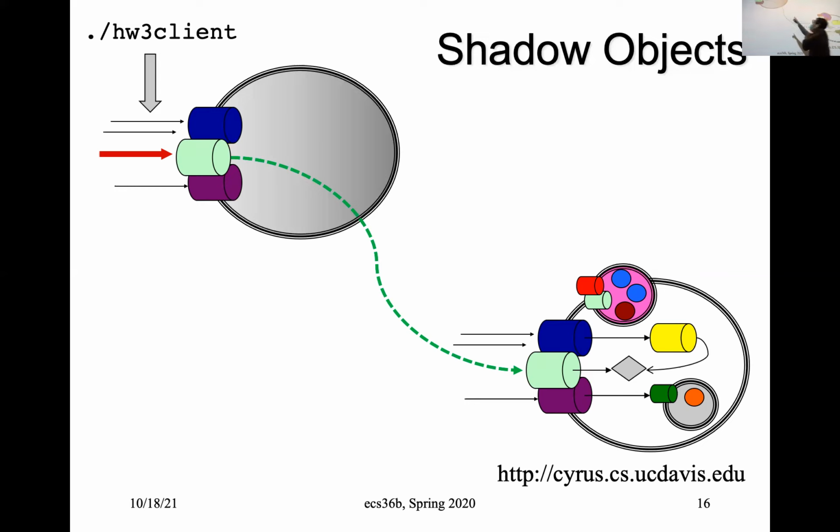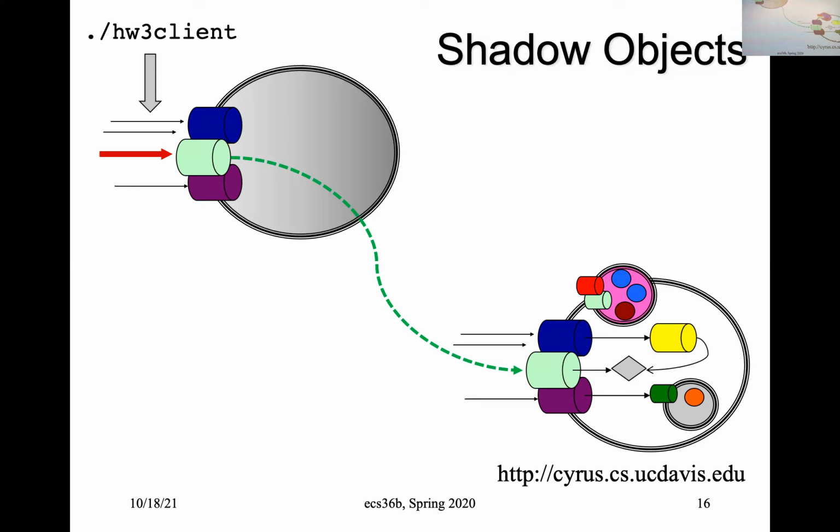So essentially, this is a simple picture with only one shadow object. The real object you want to deal with is in a different location. But my application is written regardless of where they are. And I create a shadow locally on my computer, so as if I'm only interacting with my local object.